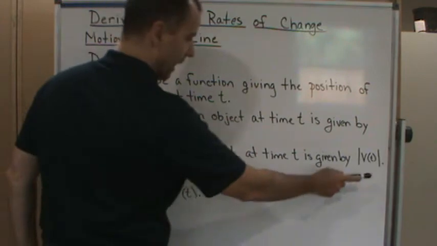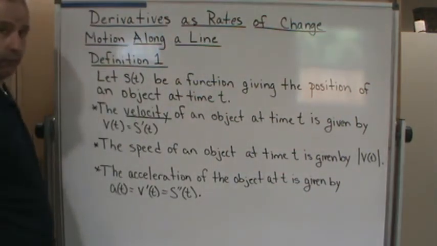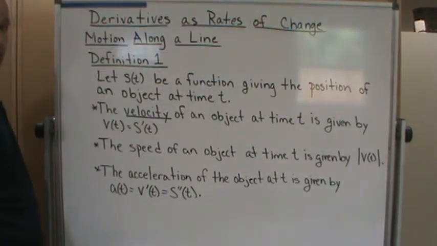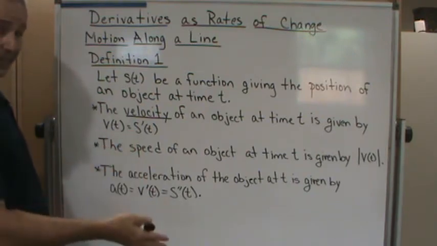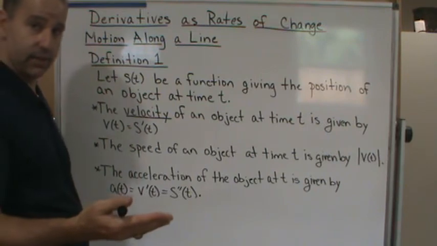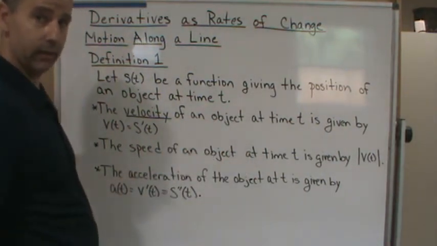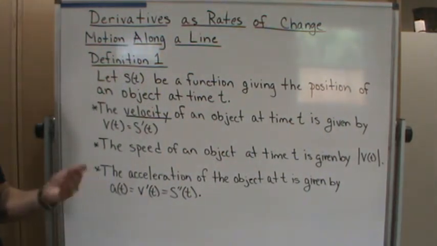So we always take the absolute value of the velocity function to give us the speed, whereas we always take the absolute value of distance, right? Because all we care about is how far it is from the original starting point.